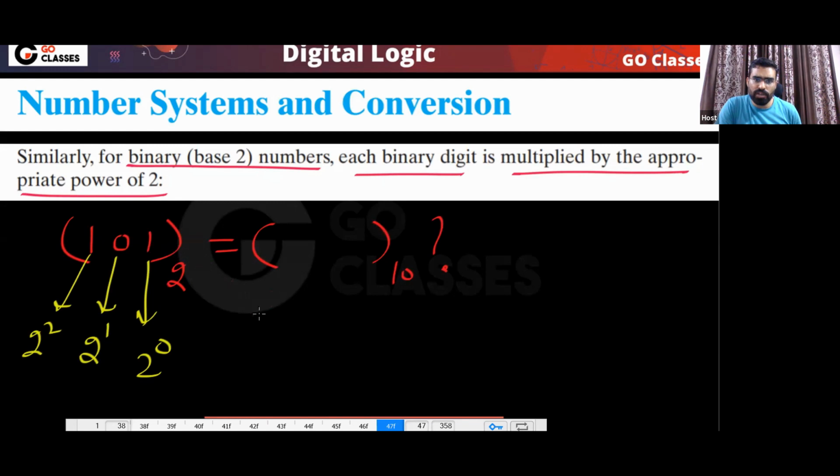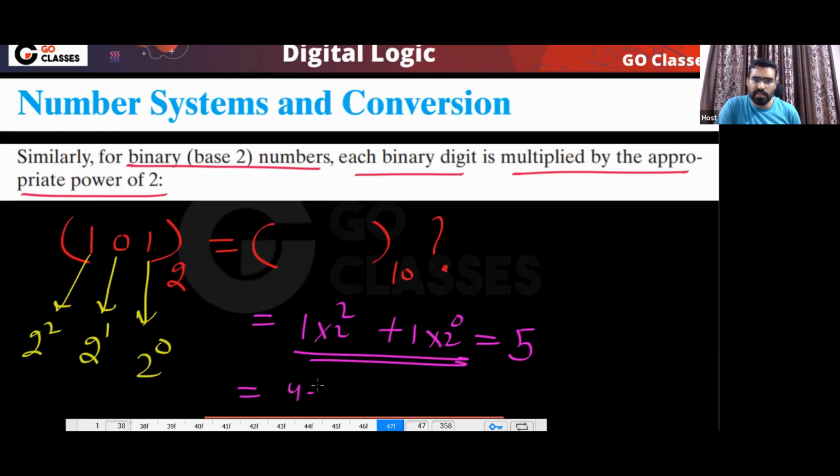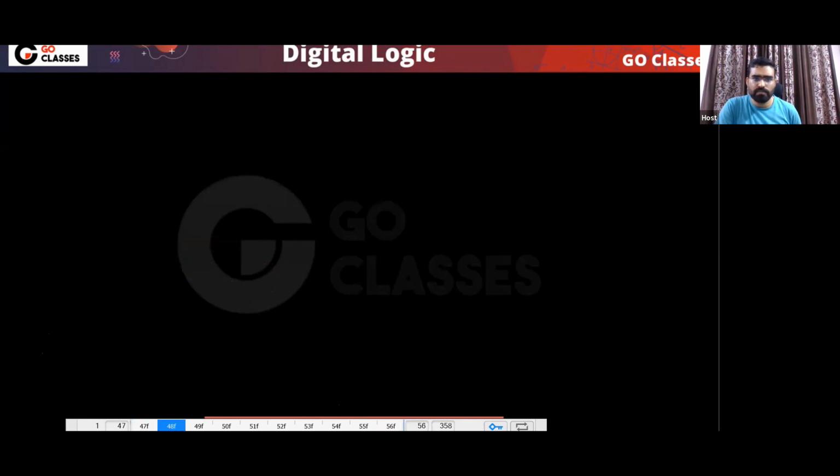Finally it becomes 1 into 2 power 2 plus 0 into 2 power 1, which is 0, so you don't have to worry, plus 1 into 2 power 0. If you add this, you get 4 plus 1, so 5. Total 5 apples you are counting. Very simple.